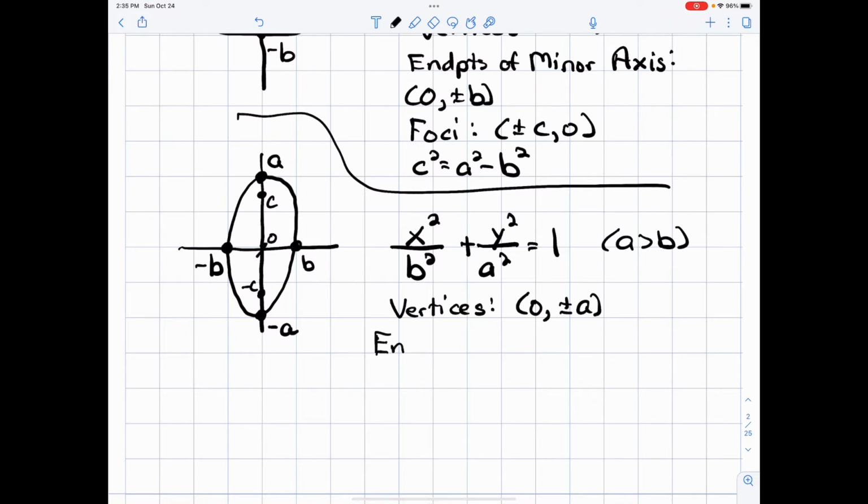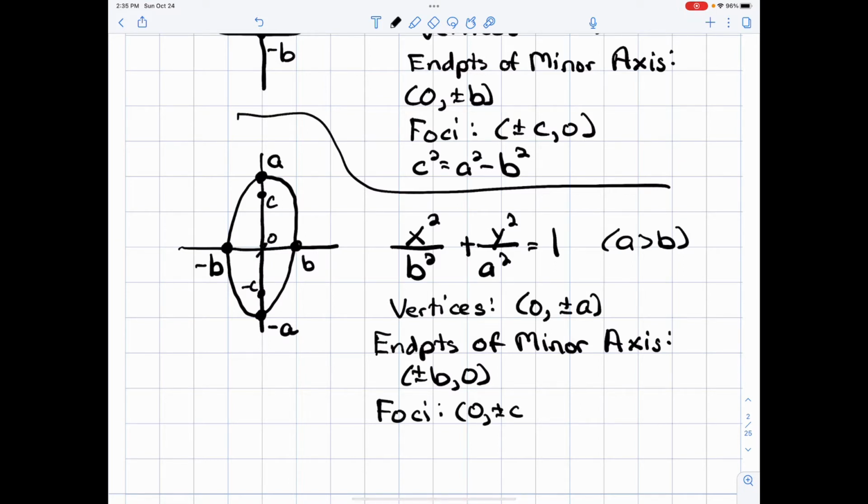Endpoints of the minor axis are at plus or minus b, 0. So notice that swapped x and y also. Foci, 0, plus or minus c. And again, c squared is equal to a squared minus b squared. So with that formula, you do the larger a squared minus the smaller b squared, and that equals c squared.